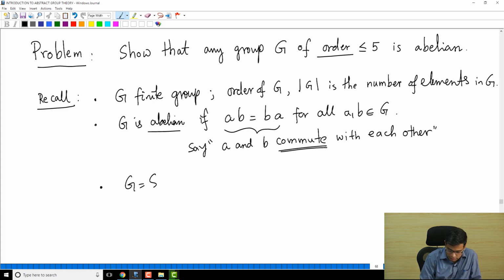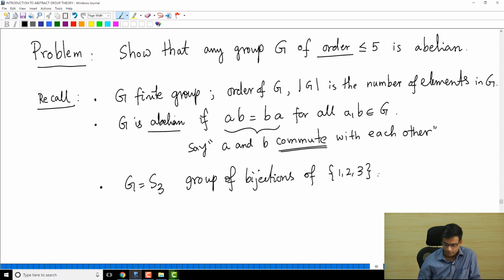If you recall, the group S3, symmetric group on 3 letters, is the group of bijections of a 3 element set, which we denoted by 1 2 3. And in the earlier video where I discussed S3 in detail, we actually listed all the elements of S3 and understood some facts about these elements. We saw that the order of S3 was 6 and S3 was not abelian.